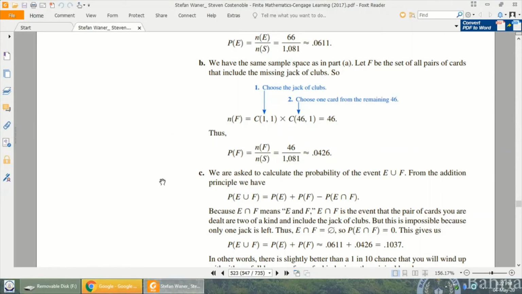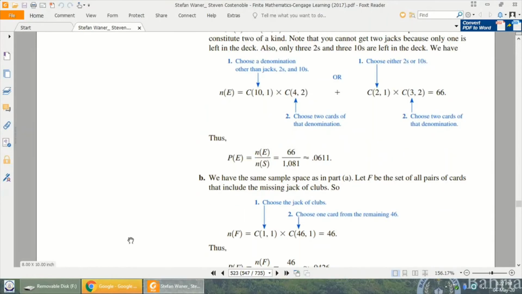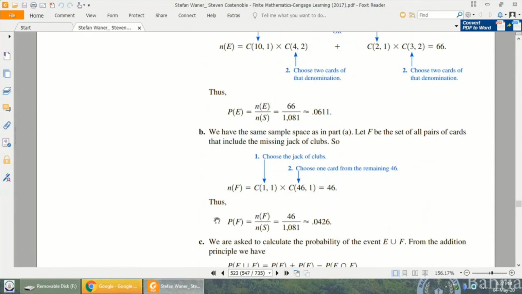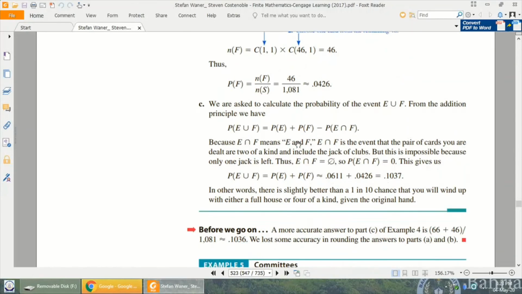So you have 3 jacks, or you just have already, as you can see, jacks, 10s and 2s. You don't want those. So you have 13 minus 3 that you have. So you don't have any intersection in this case. You just union, so we'll be just adding 0.0426 plus 0.0611.